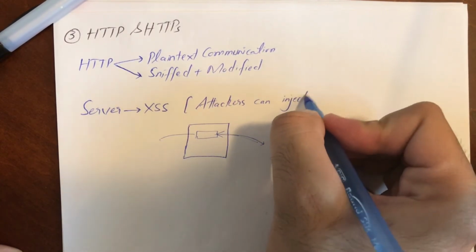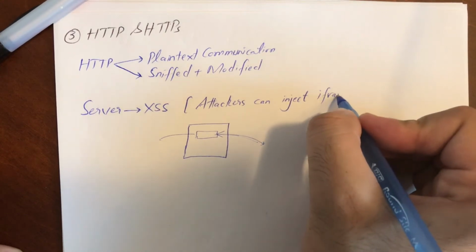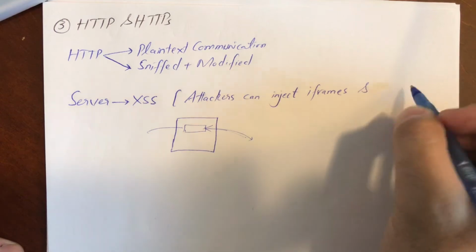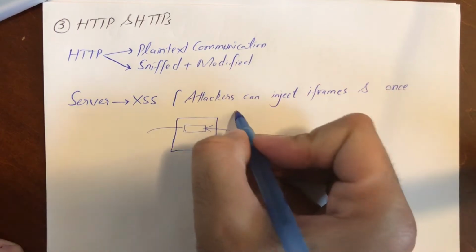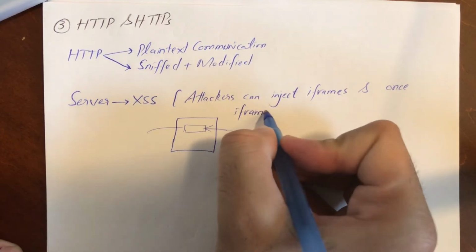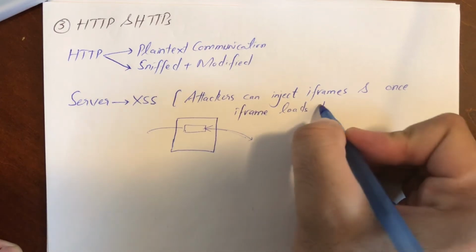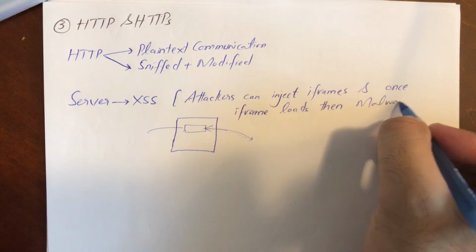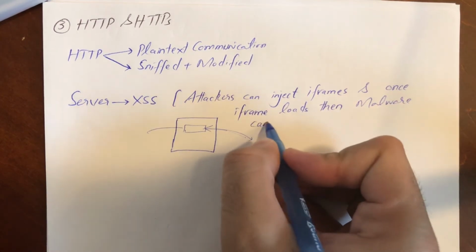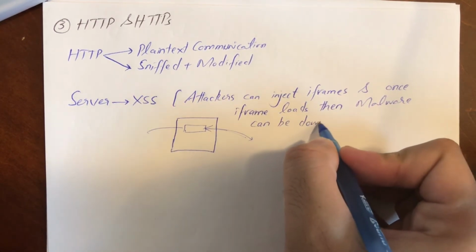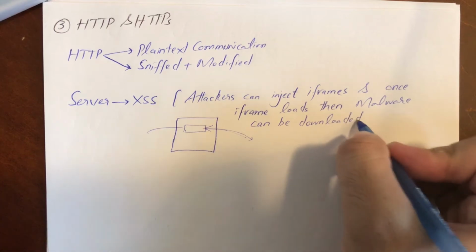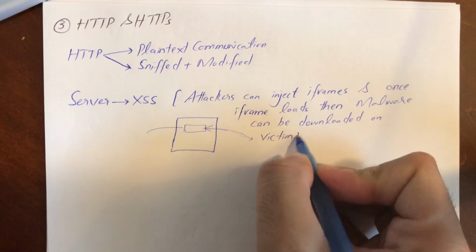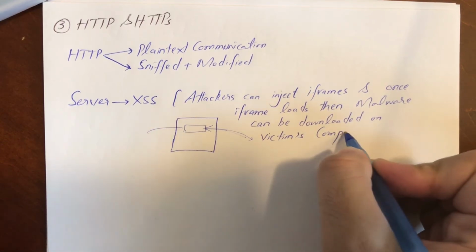So let's say if the server is vulnerable to cross-site scripting, then attackers can inject an iframe. We'll talk about iframe in our lab. And once the iframe loads, then malware can be downloaded on the victim's computer, which is basically a user-side attack.